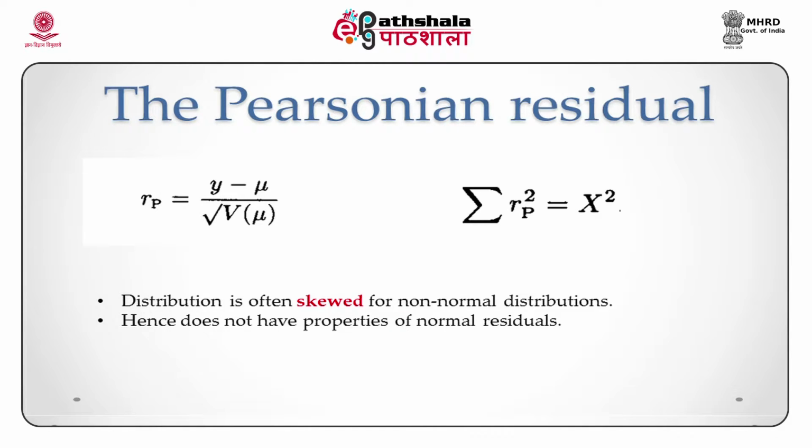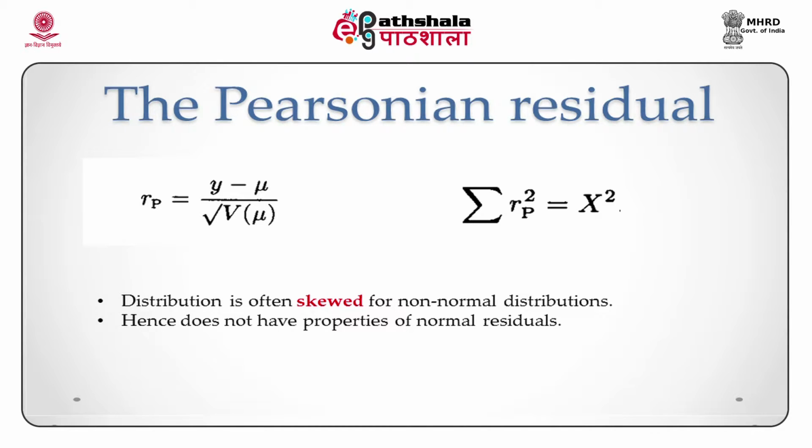Now, if we were to stop there, there would be a problem, because we know that when we fit a GLM, the y's are by definition heteroscedastic. So we have a variance function V(mu), which relates the variance of y to mu, and to be able to use the residuals for any kind of analysis, we need to standardize the differences y minus mu.